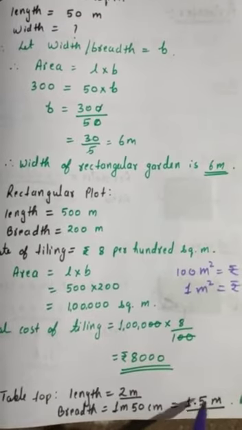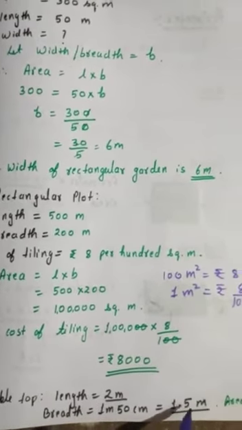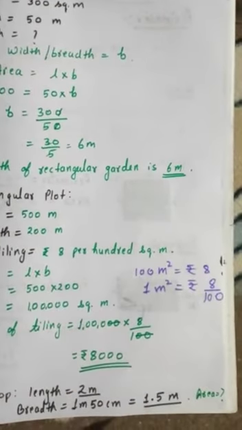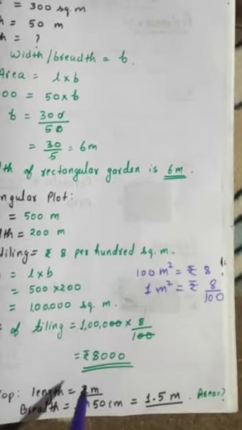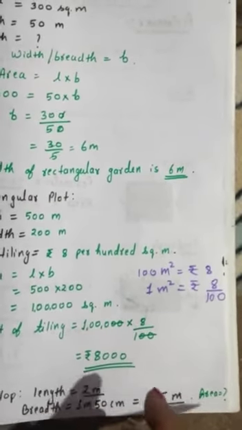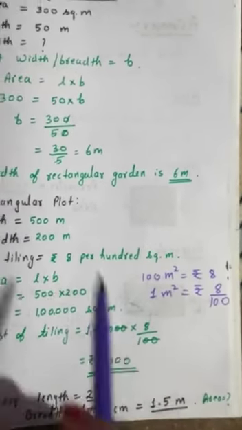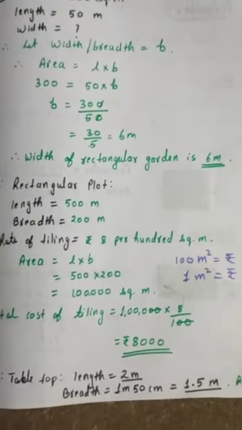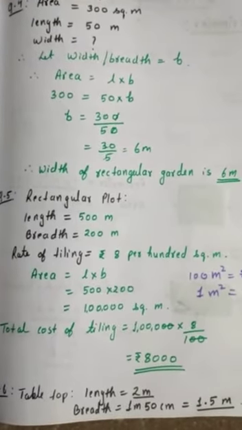So the breadth is 1.5 meter. Then you just have to calculate the area. Area will be L into B, so you will multiply 2 into 1.5 and the units will be meter square, or you can write sq meter. This way you have to complete this exercise till question number 6.